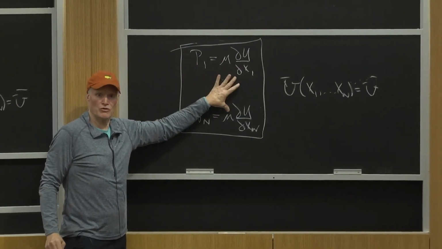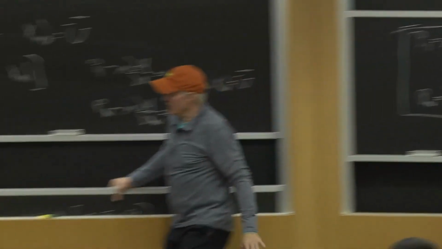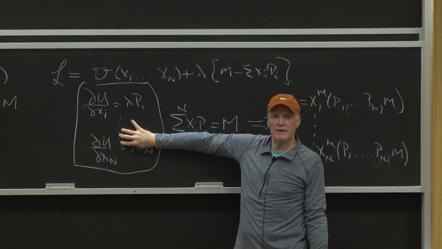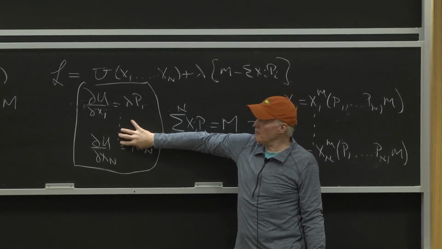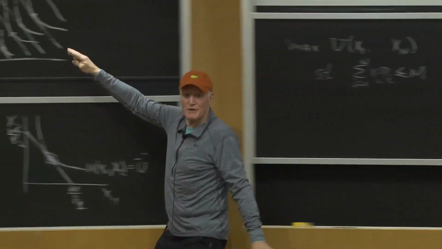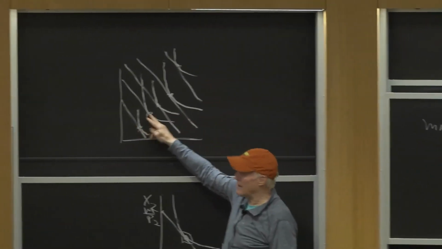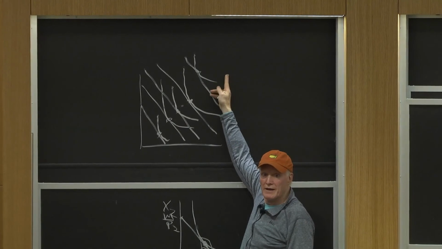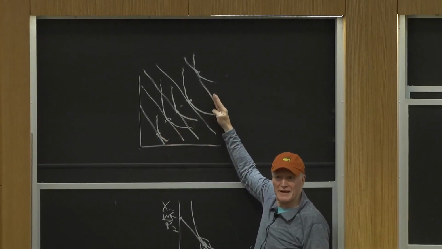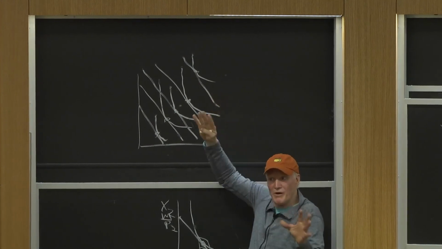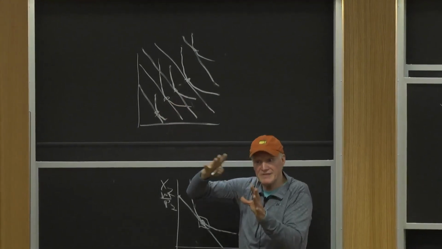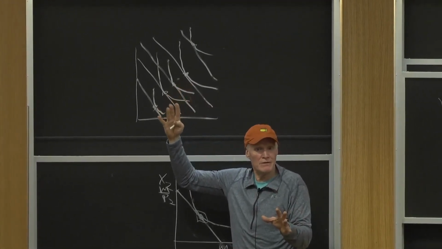Those are all those solutions, which are the same set of solutions I got here. And then what I'm doing differently is just how I'm labeling those equilibrium points. In the one case, I'm labeling by the utility level you're on, and in the other one, I'm labeling by the budget line you're on. People get the idea? It's the same set of points, it's just in one case it's indexed by the utility level, and the other case it's indexed by the budget level.